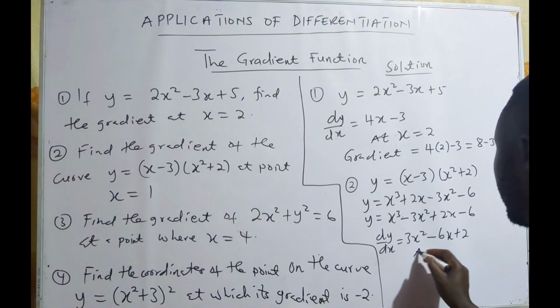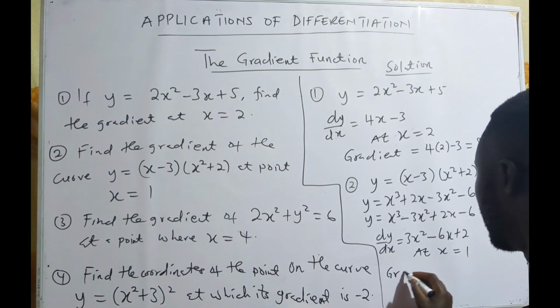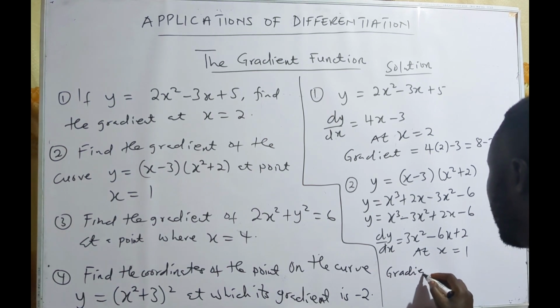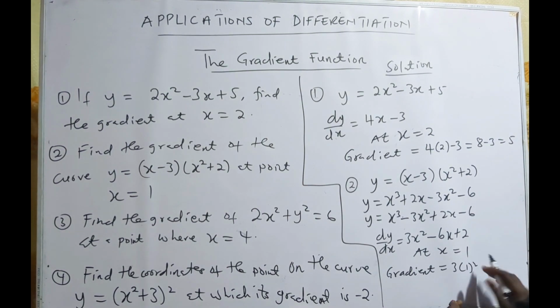So at x is equal to 1, what will be our gradient? Our gradient will be 3 times 1 squared minus 6 times 1 plus 2. So you substitute 1 wherever you see x.